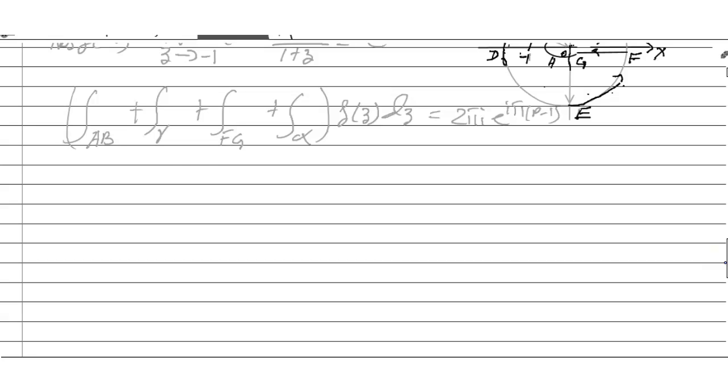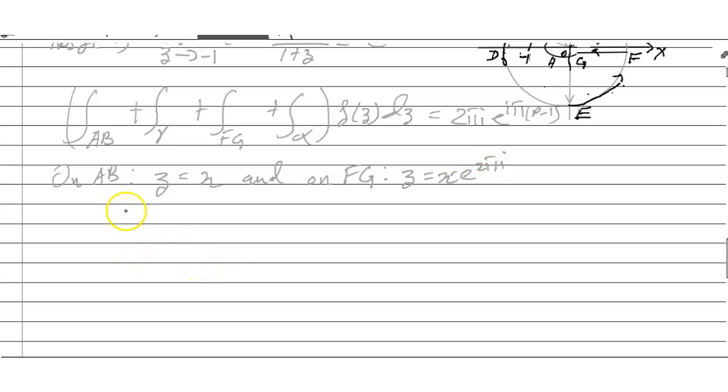So friends, on AB, z equals x, and on FG, z equals x times e to the power 2 pi i.